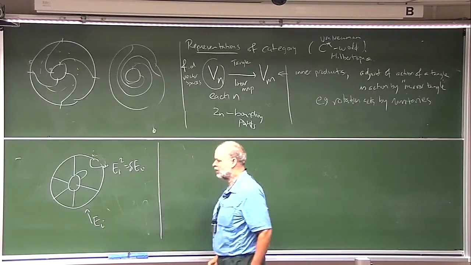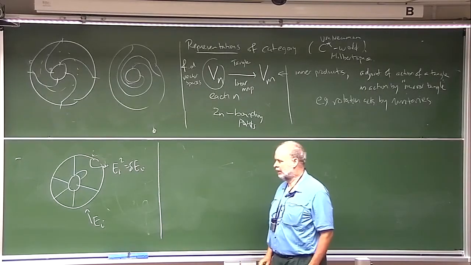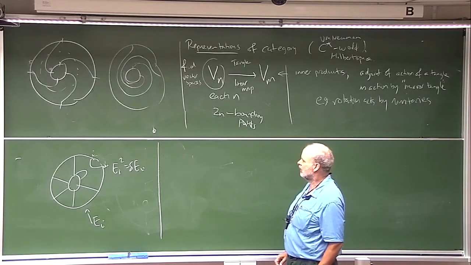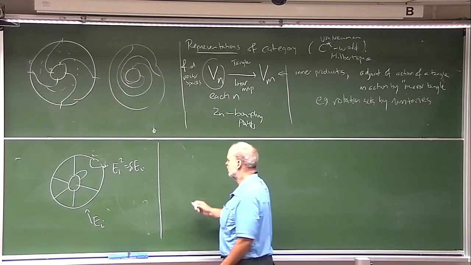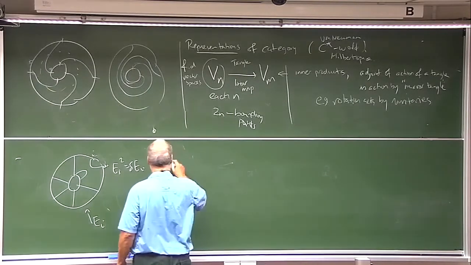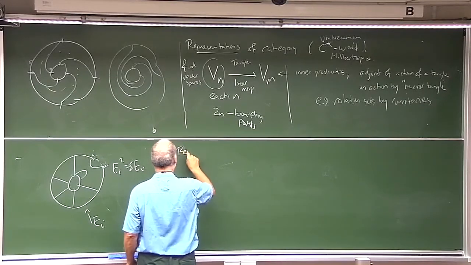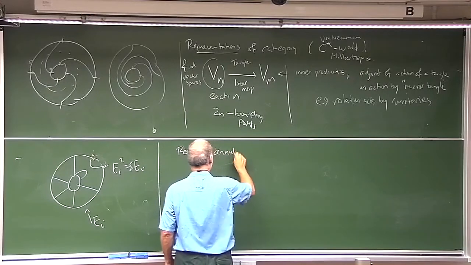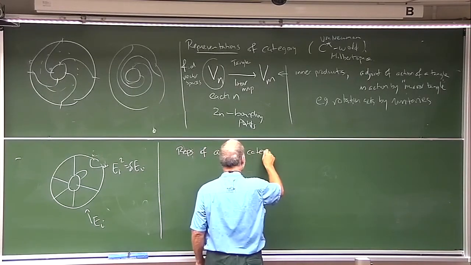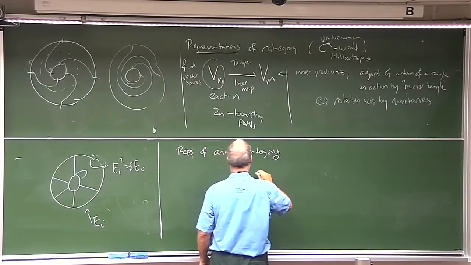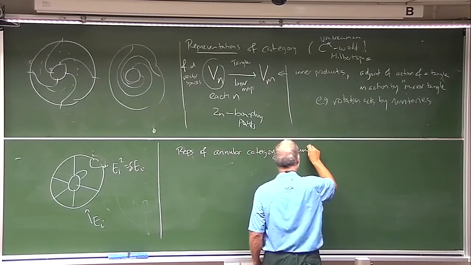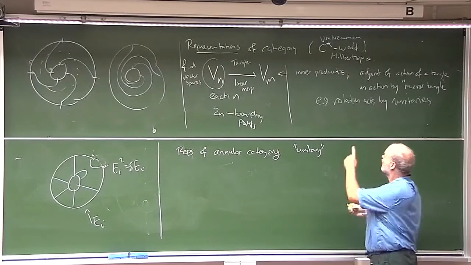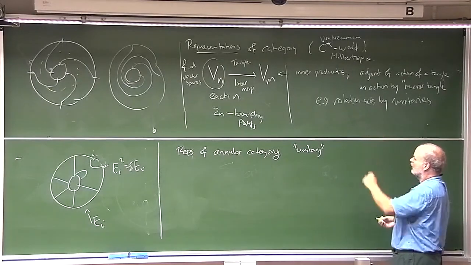Right, so what I want to say about these annular tangles and the representations of this annular category is that it's a semi-simple structure. Reps of the annular category, and I'll say they're unitary representations, and that simply means that what I said up there, that we're in the C-star Hilbert space world.